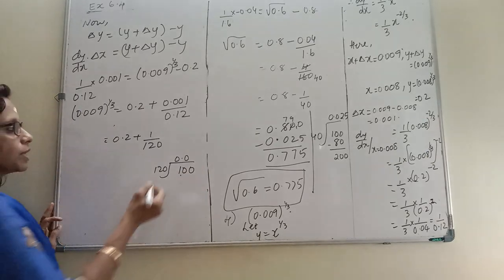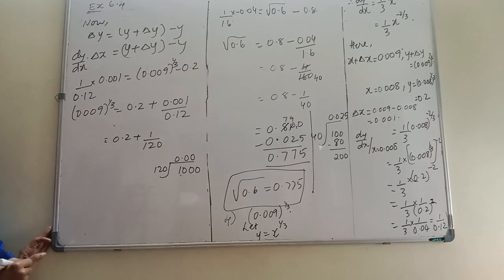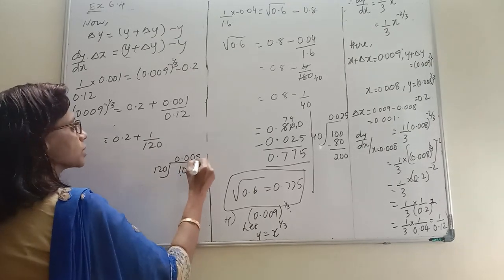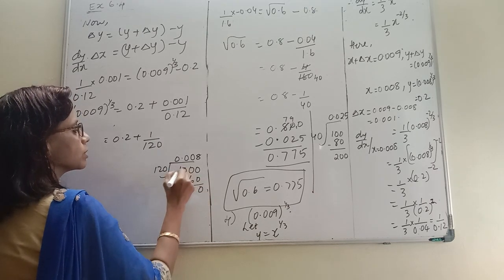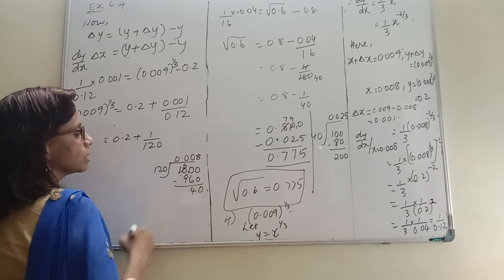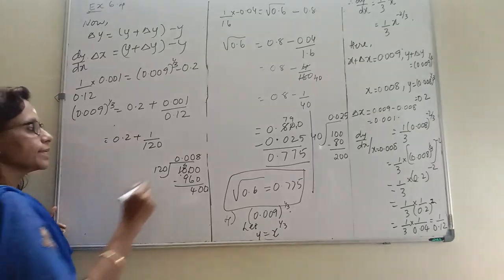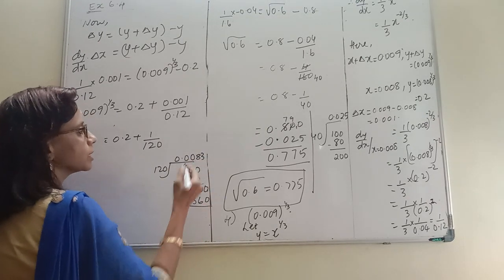Again not able to divide. Another 0, 1000. 120 how many times 1000? 8 times is 960. You're left with 40. So you're allowed to get a 0 because of the decimal, and then 3 times 360. Actually 2 places is enough. It will go like that.